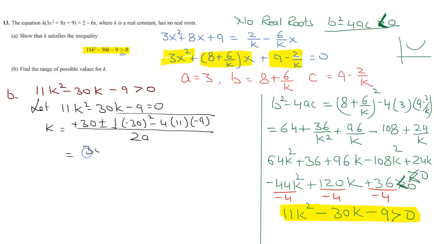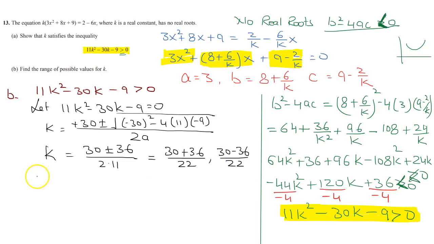So this is 30 plus or minus, if you calculate, 36 over 2a, that is 22, 2 multiply 11 is 22. So we have 30 plus 36 over 22 and 30 minus 36 over 22.